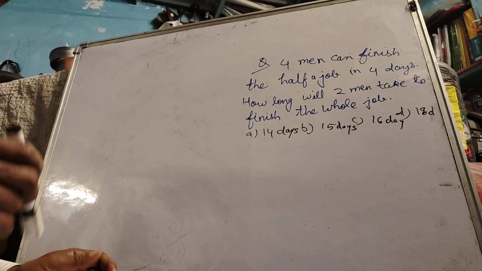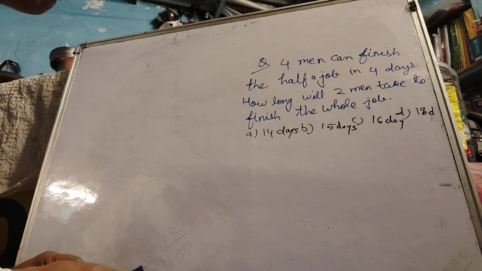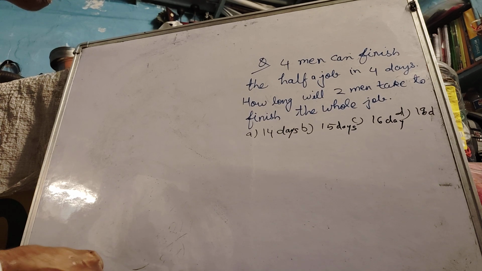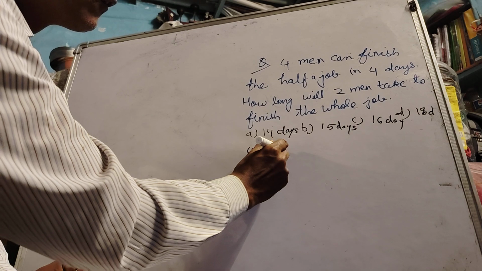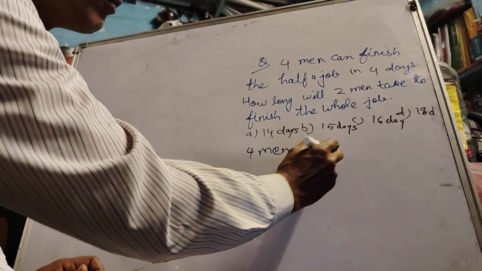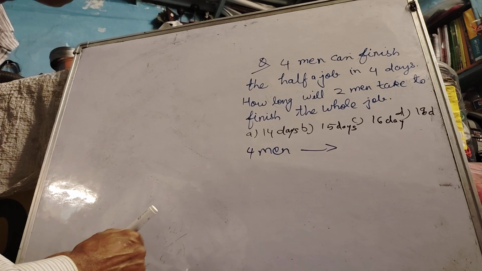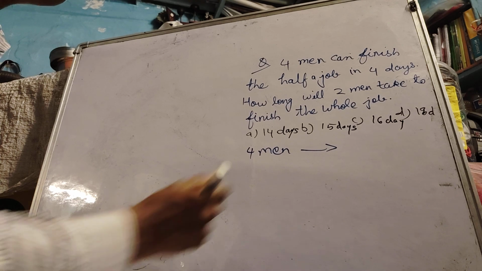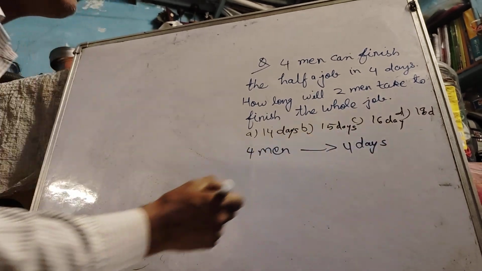So could you explain how? I can't really hear you. So 4 men can finish half a job. So it means to complete one job, how many men are required? 4 men means 4 days.